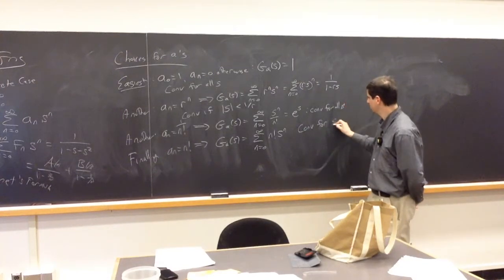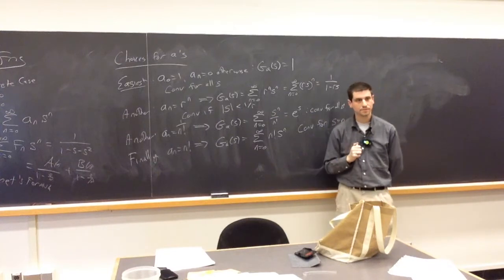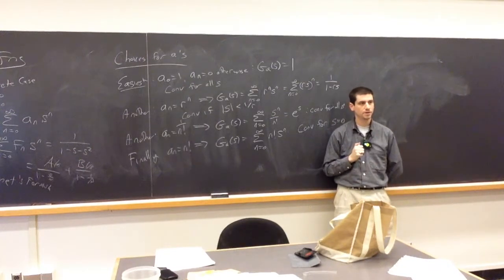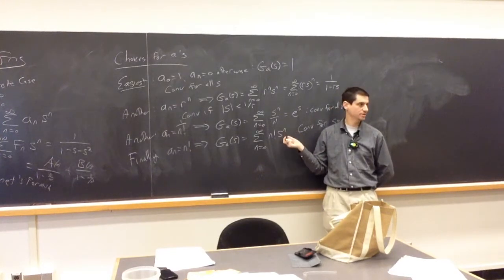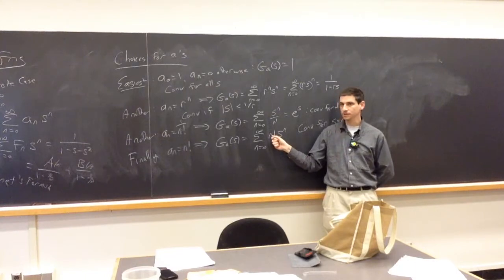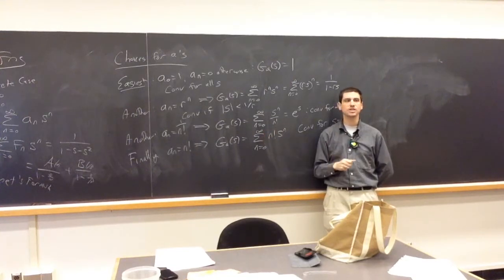Anything else? It diverges for all other s. So imagine s is 1 over 1,000. Eventually, I get to the term that's 1,000. I get to n is 1,000. Then the next will give me 1,001, which will be larger than that factor.